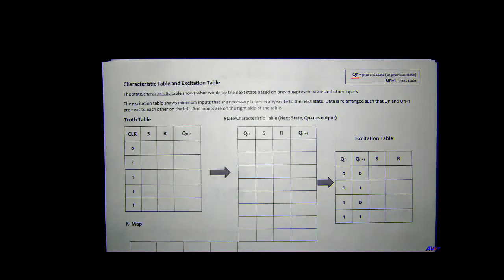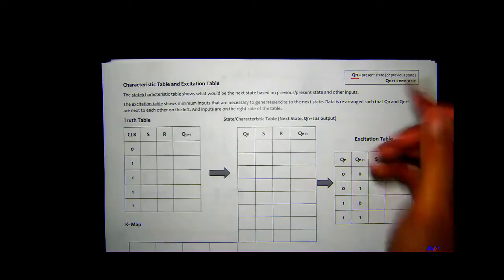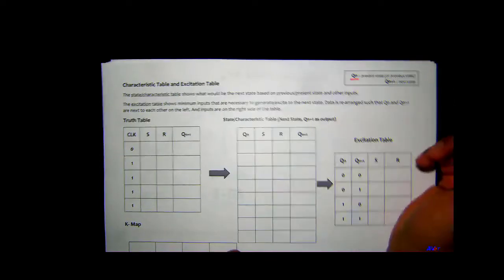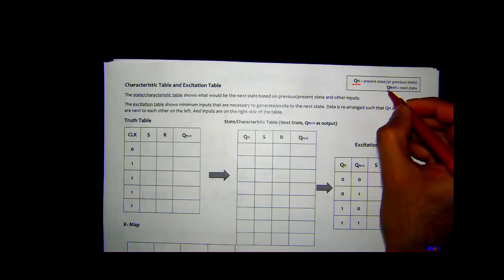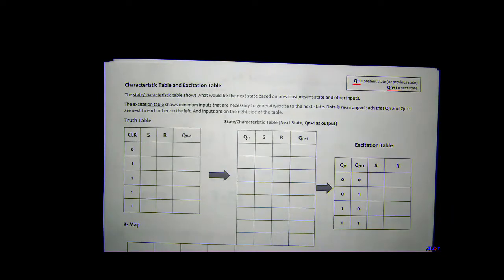Remember, we are moving into sequential circuits, and one of the major differences between combinational logic circuits and sequential circuits is that in sequential circuits, the output does not only depend upon the input, but it also depends upon the past history of the outputs. So it's important for us to know what is the present state and what is the next state. The variable I'm going to use for present state is Qn, and for the next state it's going to be Qn+1 in the subscript.